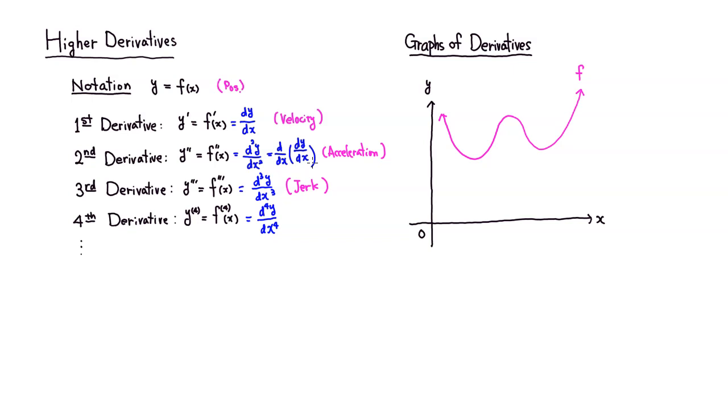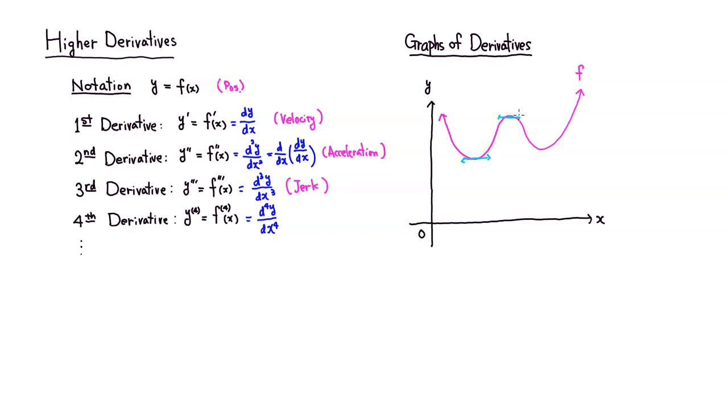So let's look at the graphs of derivatives and see if we can sketch the ballpark picture of what the derivatives will look like. Let's start with this double-hump shaped graph, the original function f of x. Remember that the derivative tells you about the slope of the tangent line. An easy place to look first would be places where you have a horizontal tangent line. Here, here, and here.